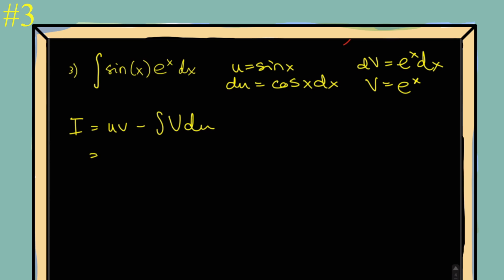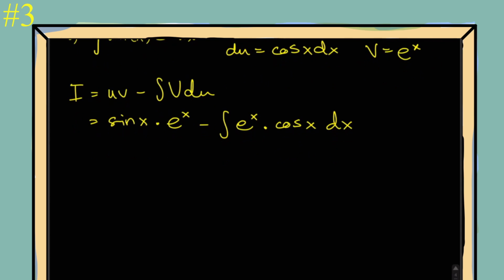And so that's going to be sine x times e to the x minus the integral of e to the x times cosine of x dx. Before we had sine x e to the x, now we have cosine x e to the x. That seems like the same problem to me. Let's do one more step of by parts.